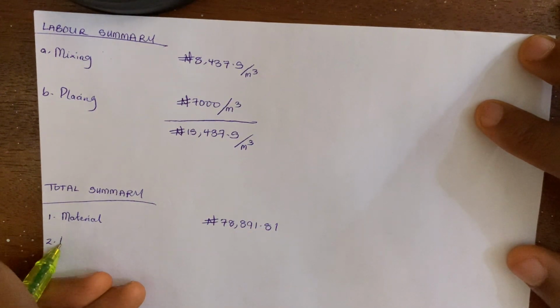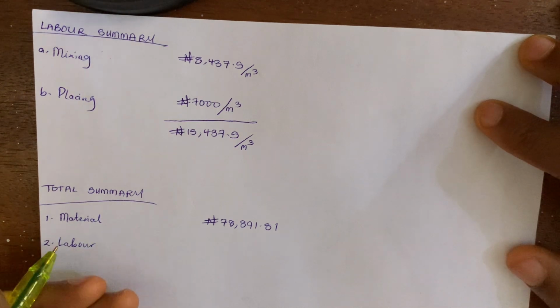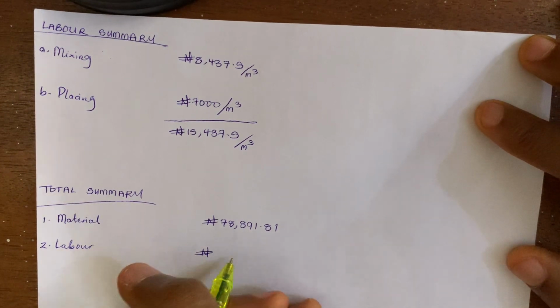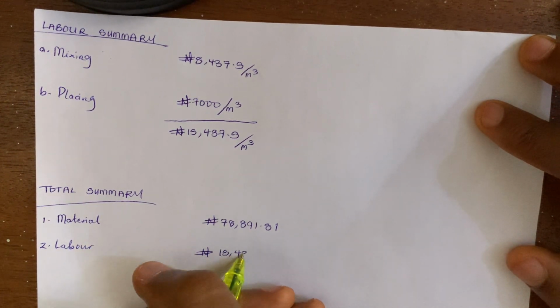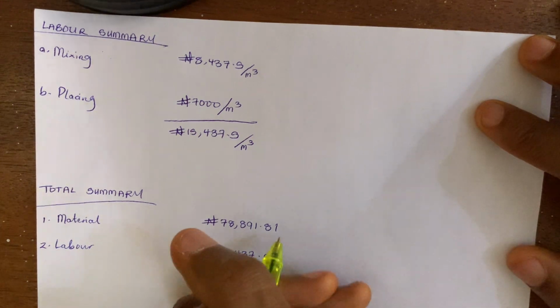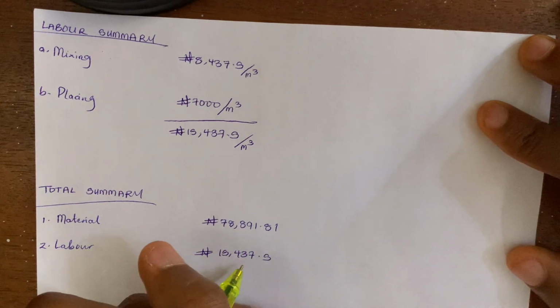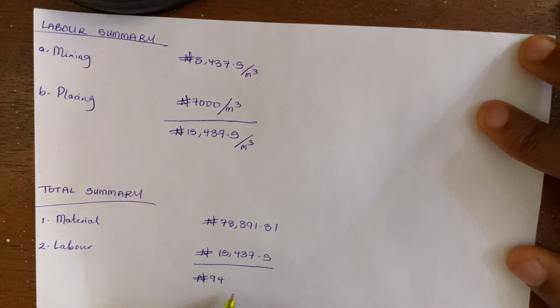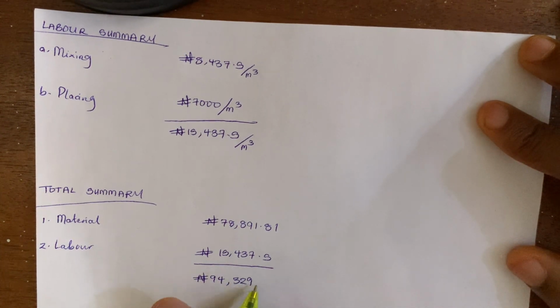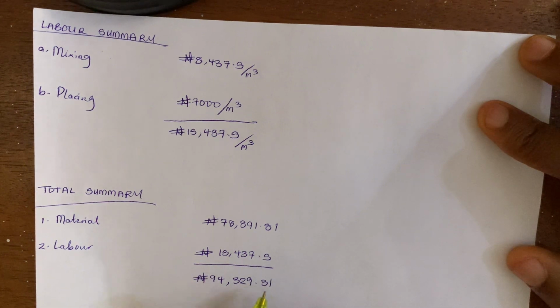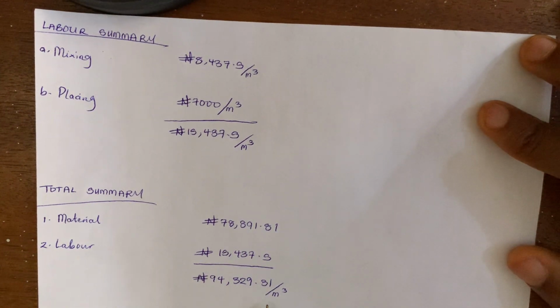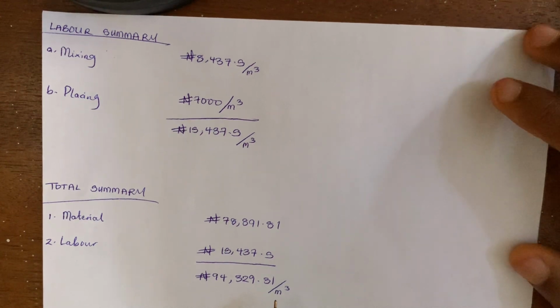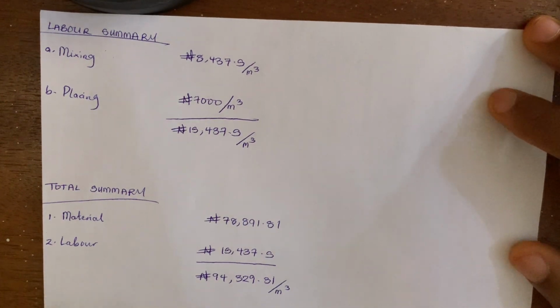And for our labor, 15,437.5. So when you add the two of them together, we're going to be having 94,329.31. This is the cost per meter cube of concrete.